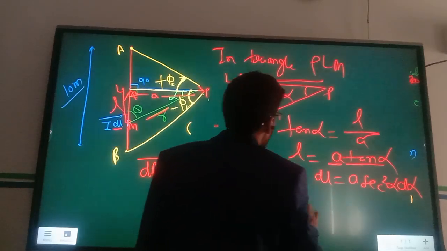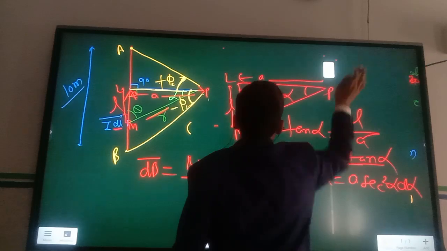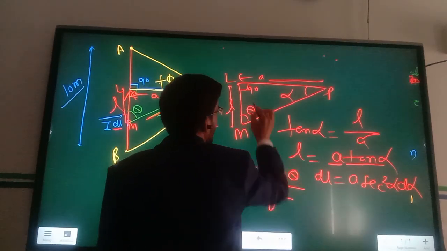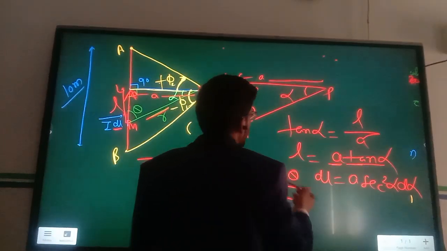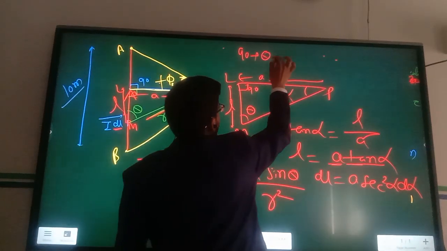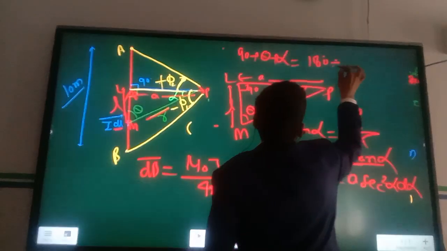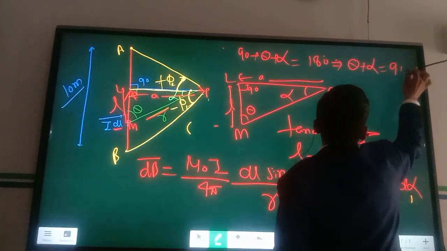Now in this triangle the sum of all angles is 180. So 90 plus theta plus alpha equals 180, so theta plus alpha equals 90.